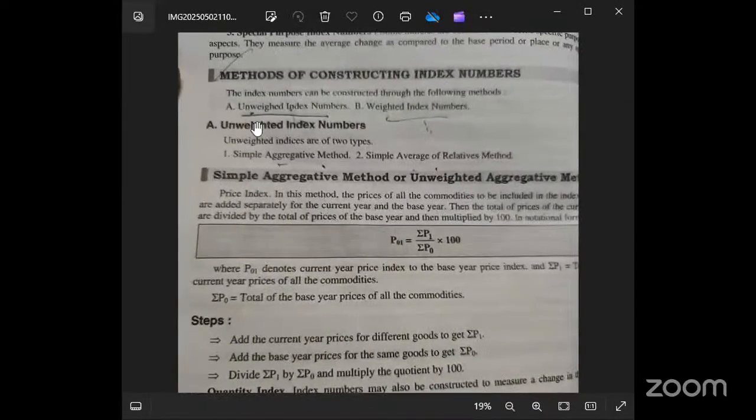In constructing the index numbers, the unweighted index numbers are of two types: simple aggregative method and simple average of relatives method. And weighted we have so many types like Laspeyres, Paasche, Fisher's, like that.